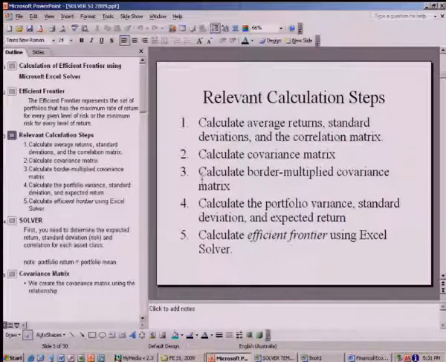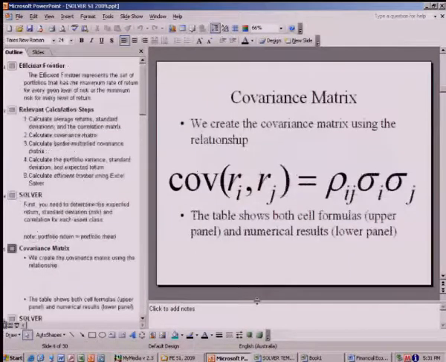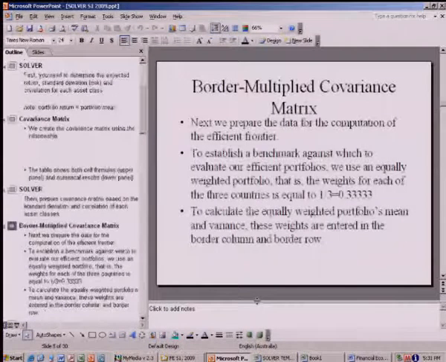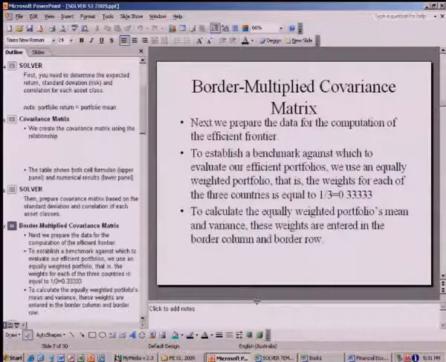For step 3, we said we have to calculate something that we called a border multiply covariance matrix. The reason why we are calculating it is because information from this matrix will be used to find what the portfolio variance is.